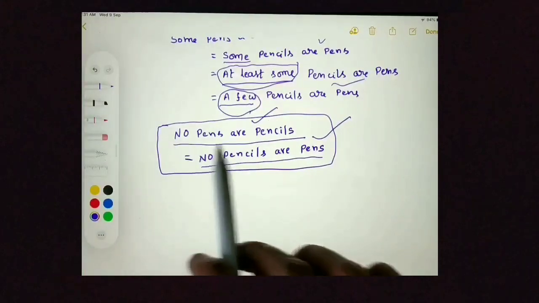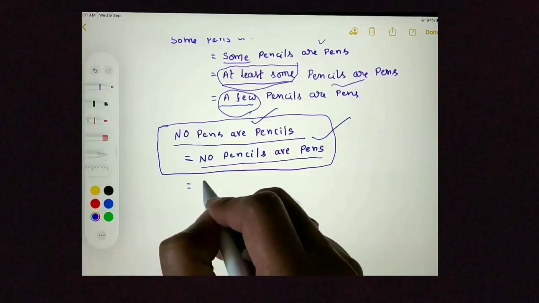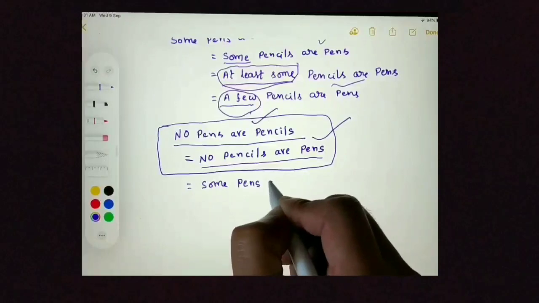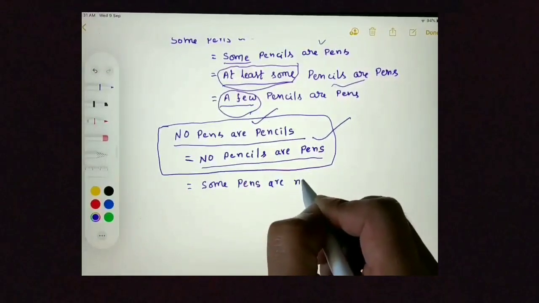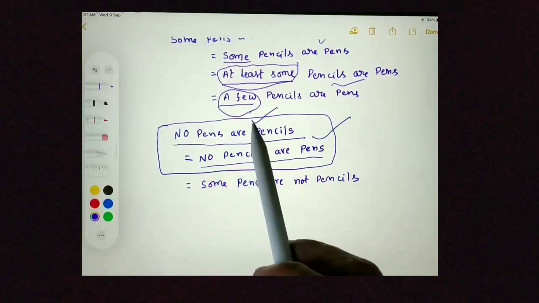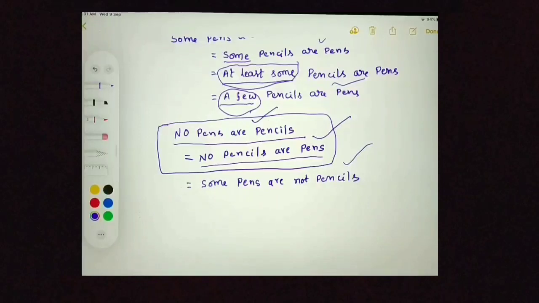If this is the statement, no pens are pencils, we can also say that some pens are not pencils. If this is the statement and this is the conclusion, this conclusion is true.